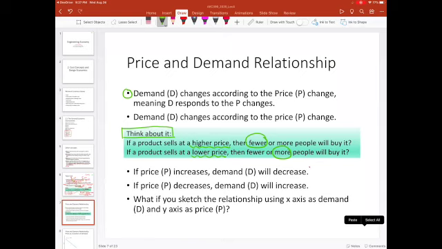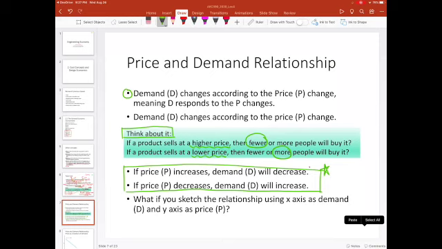So now what conclusion can we get? It's the relationship between price and demand. Here is the relationship, which is very important, okay? So I'll give it a star. If price increases, demand will decrease, right? If you sell it at a higher price, the P increases, so fewer people will buy it, which means there will be lower demand.